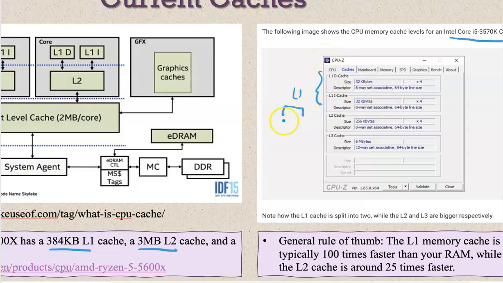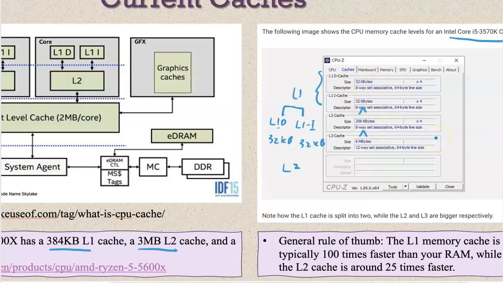The L1D cache is 32 kilobytes and the L1I cache is 32 kilobytes as well. Then you have your L2, which is 256 kilobytes, and your L3, which is 6 megabytes. So this is greater than the L2, and this is greater than the L1, even though we have two L1s over here.